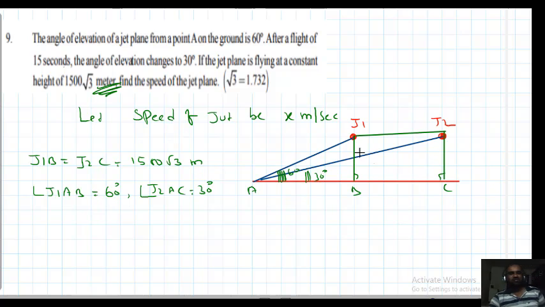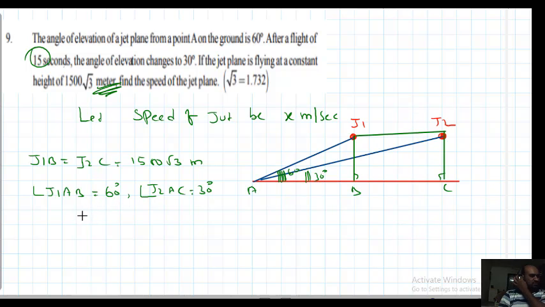Actually, students, you write the steps: let the vertical height of the jet plane equal 1500 root 3 meters, that is J1B equals J2C. You write like that, but I want to solve directly. The speed of the jet is x meters per second. First of all, I want to find the distance traveled by the jet in 15 seconds, that is J1J2.